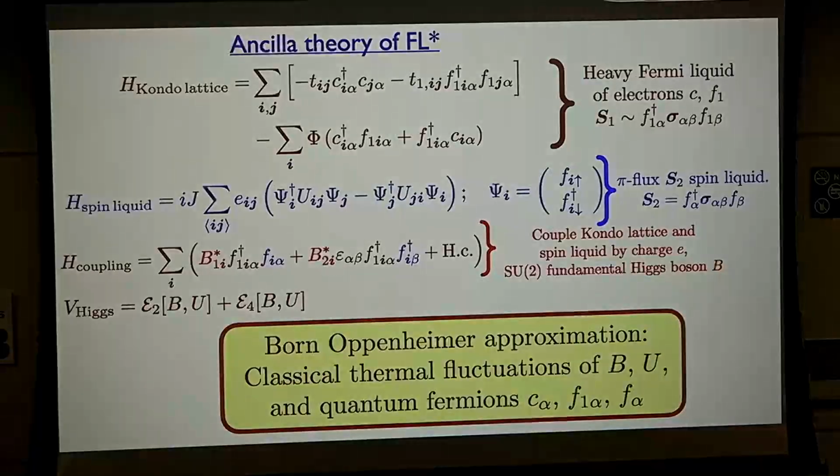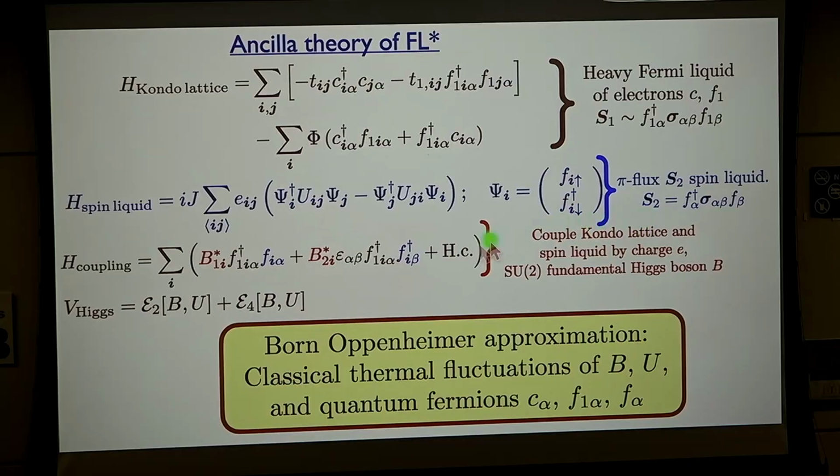We're doing kind of a Born-Oppenheimer approximation. Here's the full theory. There's the Higgs boson B, and I gave you this E2 last time, and the SU(2) gauge field U. And then there are the fermions in the three layers, the C, the F1, and the F. And the B couples the bottom layer to the Kondo lattice, couples the spin liquid to the Kondo lattice.